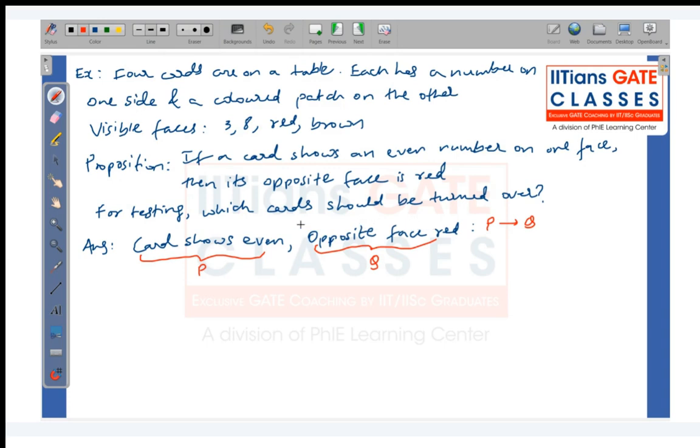Okay, so only one card you need to turn over, Shreya. Only one card you're saying then. Okay. And let me analyze. Let's see where we get.